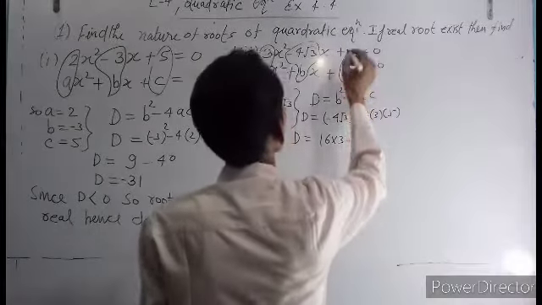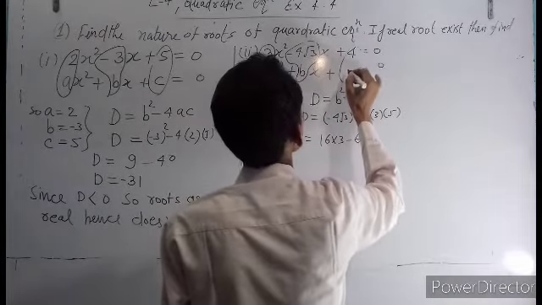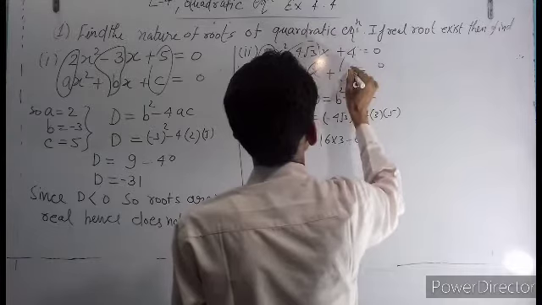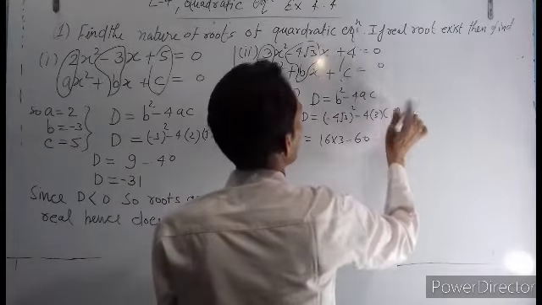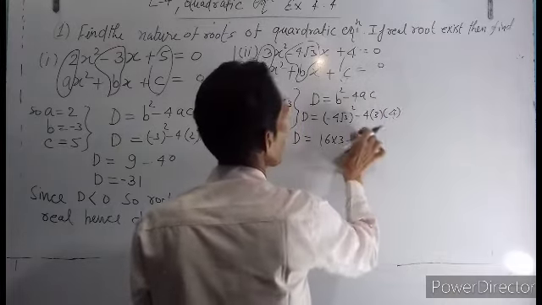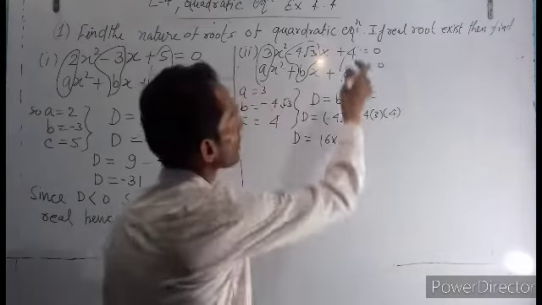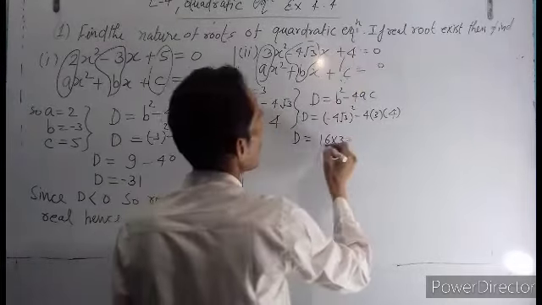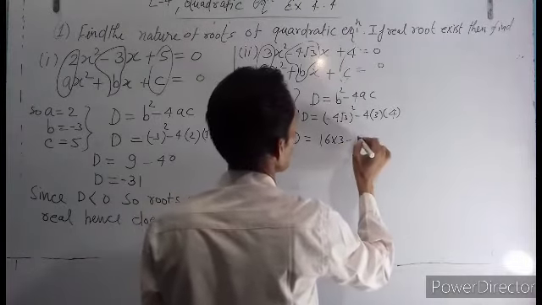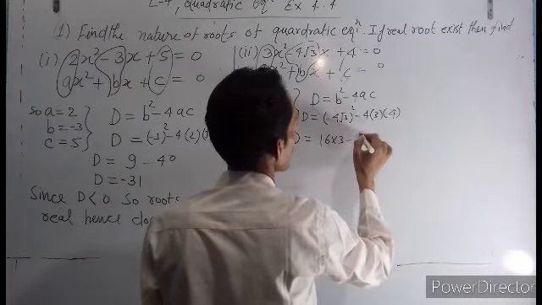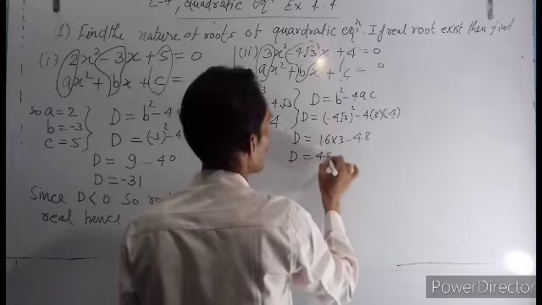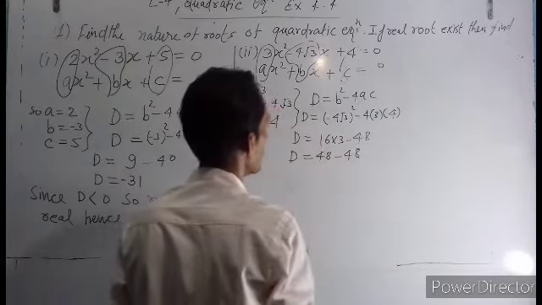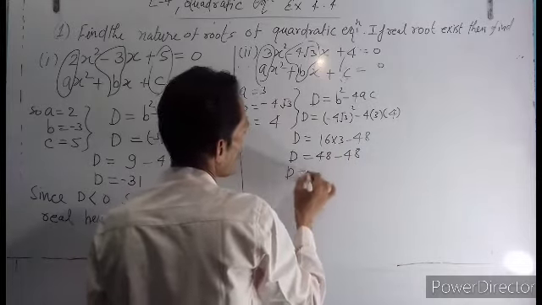So you have to correct this one, C will now be 4. There is 4 in place of 5. So 16 times 3 is 48. So D will become 48 minus 48. So D equal to 0.